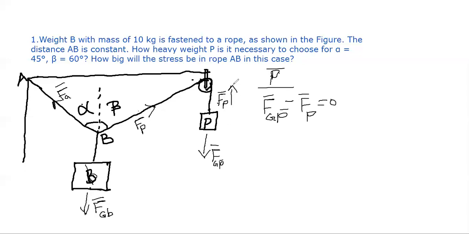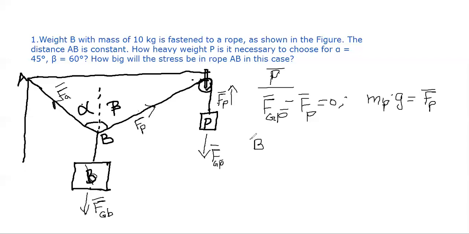Because they are in opposite direction. And FGP, we know that we can write it as mass of P times g is equal to FP. This is the condition here.